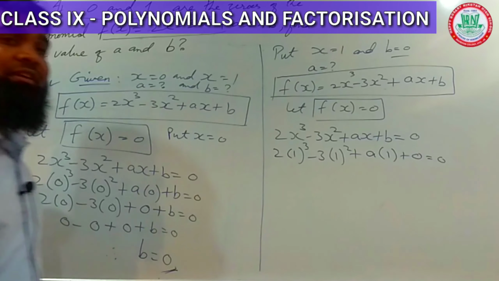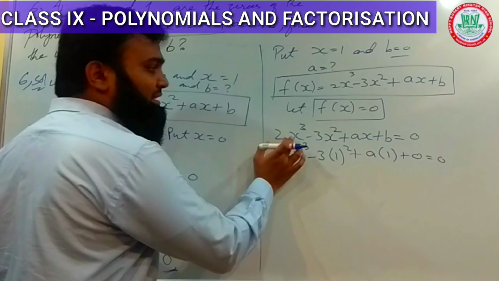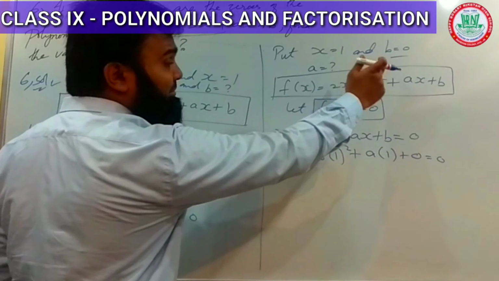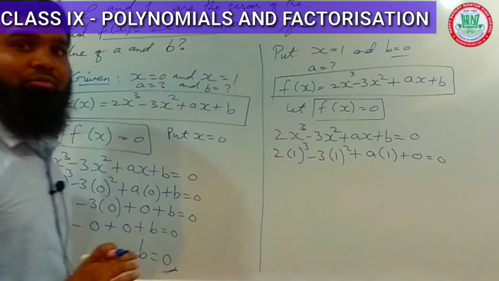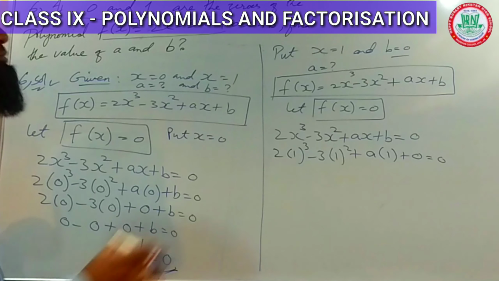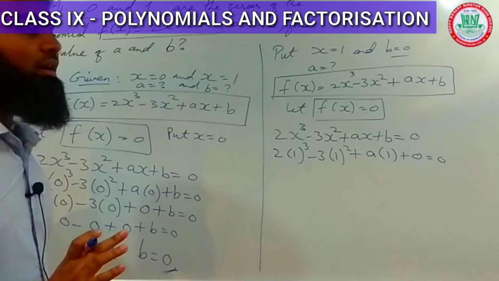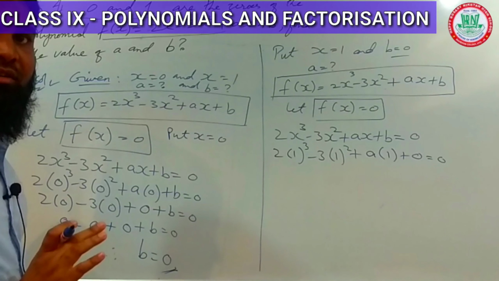All we did here was substitute the values of x and b in this polynomial equation. Where did we take this polynomial equation from? From the question. Is it clear?